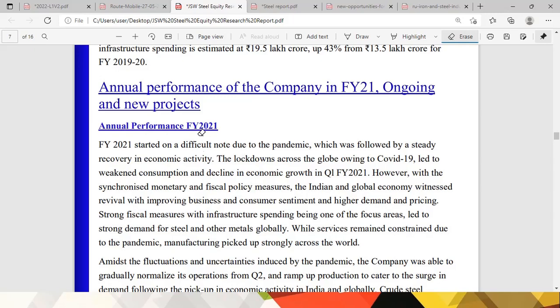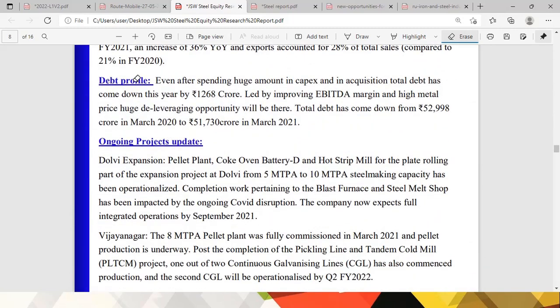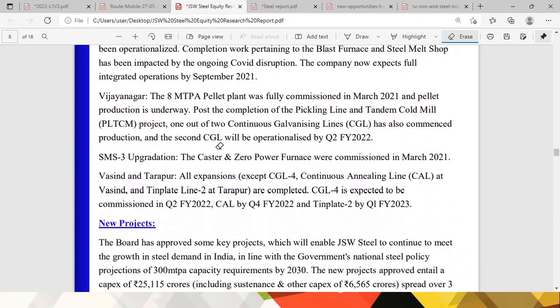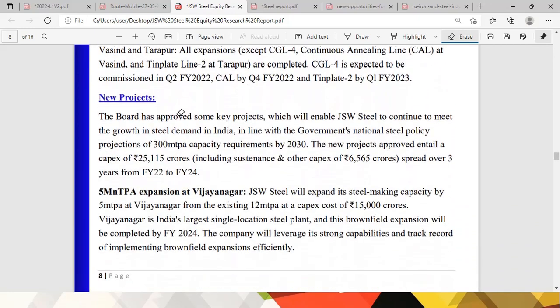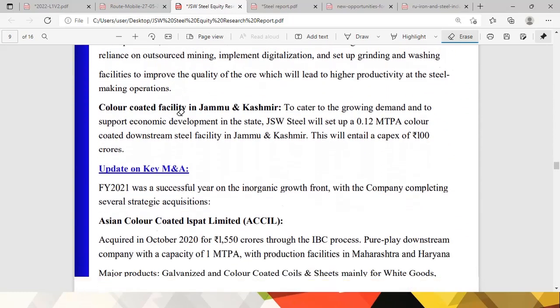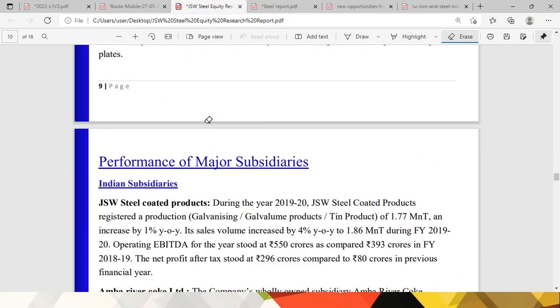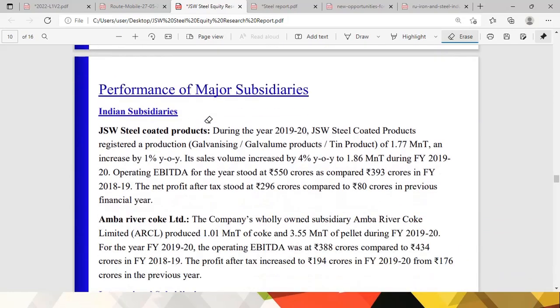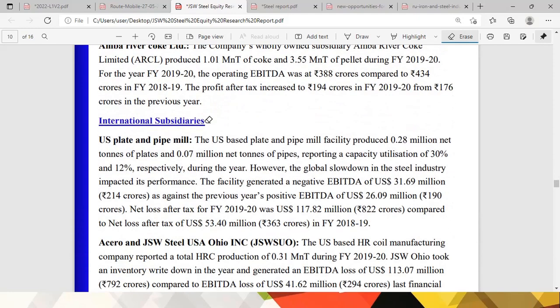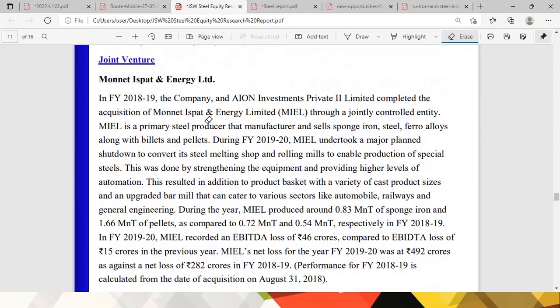So here I have discussed about company's annual performance, company's debt profile, company's ongoing projects, company's new project that the company is going to venture into, updates on key merger and acquisition, performance of major subsidiaries, joint ventures.